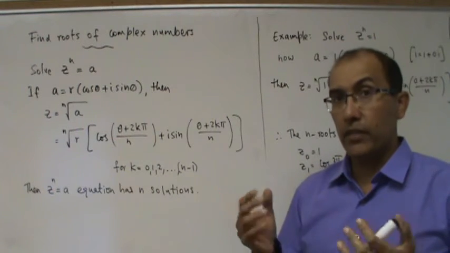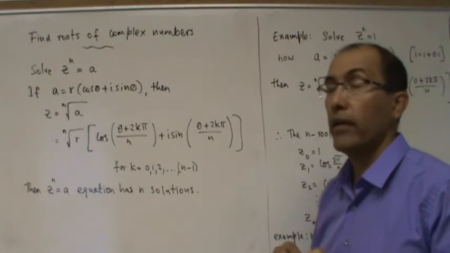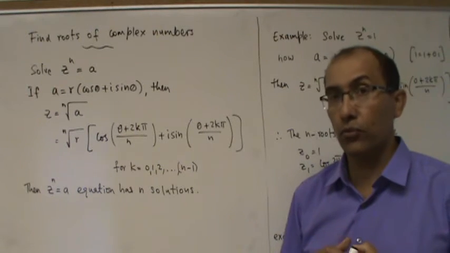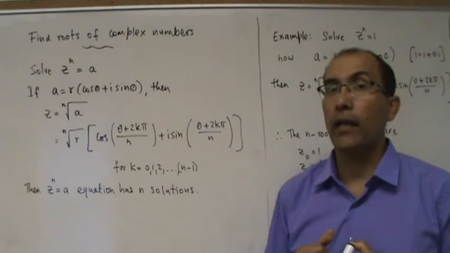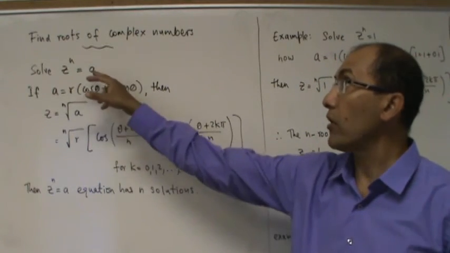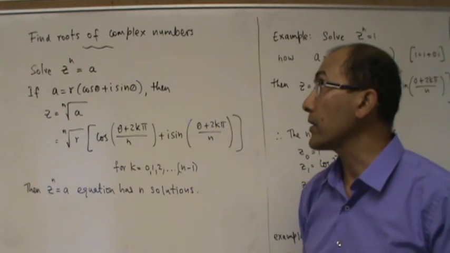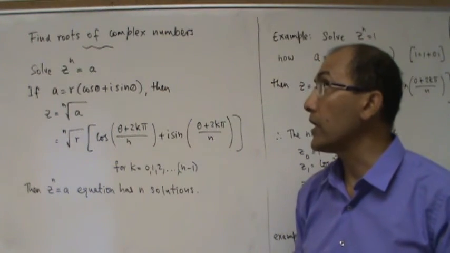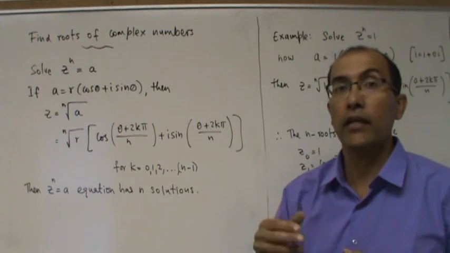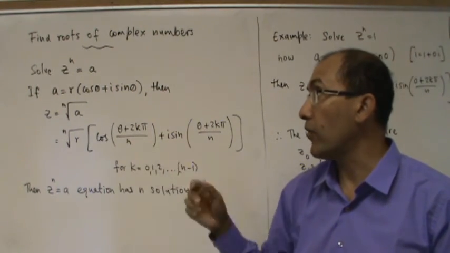A polar representation of complex numbers is especially useful when we want to look for the nth root. Unlike in Cartesian coordinate forms, if you want to solve the equation Z to the n is equal to some complex number a, we can find the roots of this equation from this formula.